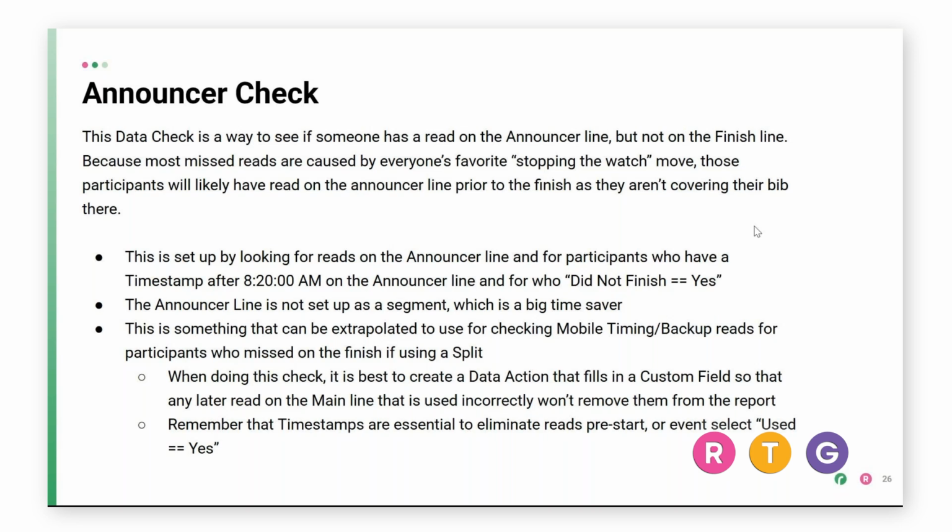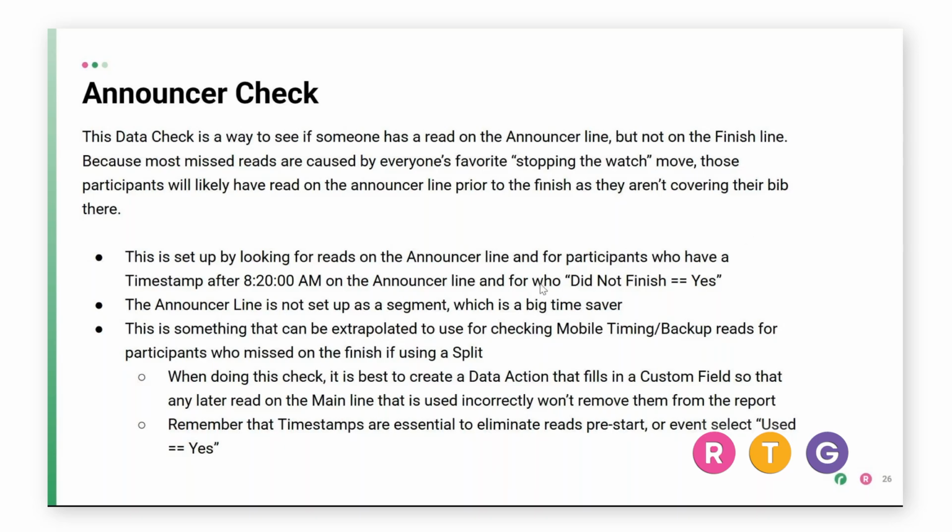However, you can extrapolate this out to actually create a check to see what was used on either a backup timing line or on a mobile timing backup stream for participants who missed on the segment. You just set that up as a split, and you would hide that from reports because you don't need to report on that publicly.